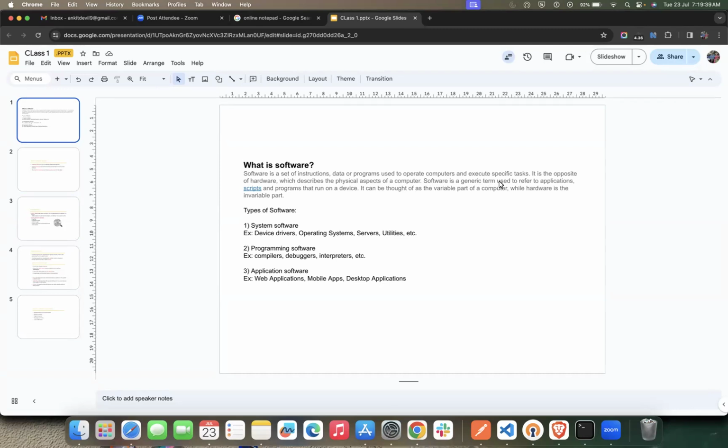And by specific task, I think you guys might have an idea what it means. Kinsley, your thought on that? What exactly does it mean to execute a specific task?